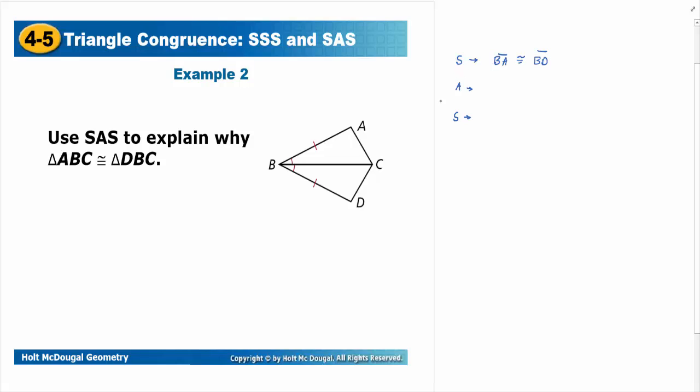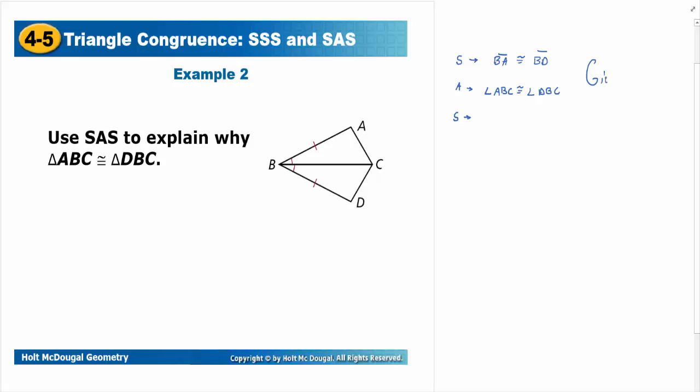That's my side that was given. For my angles, you can't just say angle B is congruent to angle B because there's two angle B's. Actually, there's three if you think about ABD. So you have to say, in this case, angle ABC is congruent to angle DBC. And that's all given.